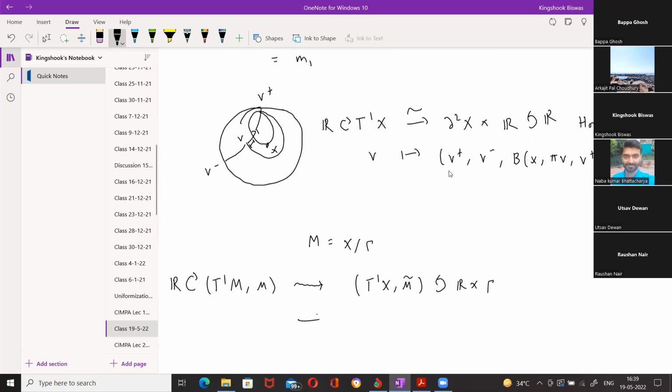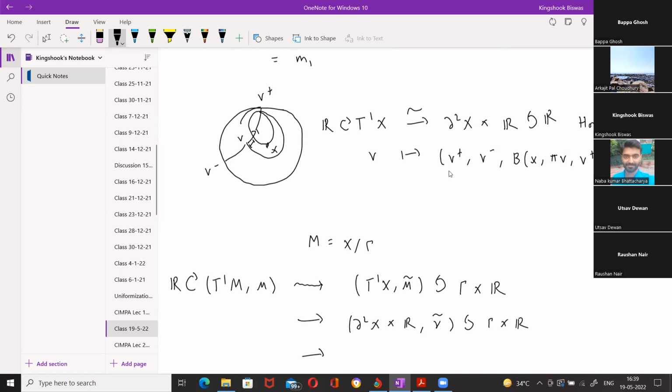Okay, so that corresponds to a measure on del 2x cross R, so you get a measure here, say nu tilde, which is invariant under gamma cross R. And if it's invariant under the R coordinate, then it's just a measure on del 2x times Lebesgue measure on R, right?